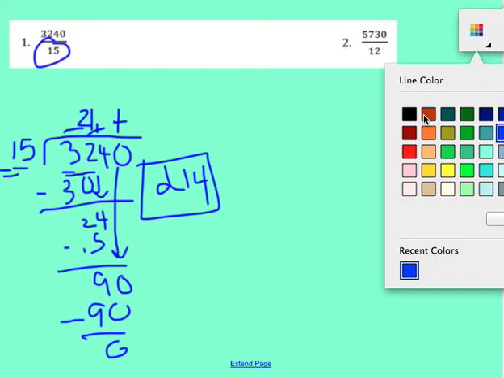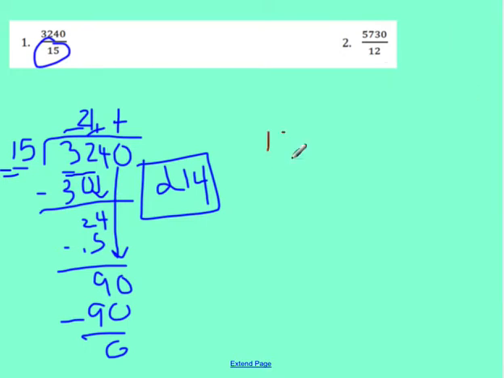Next, let's go ahead and set up number 2. So we're putting 12 on the outside, and then underneath is 5,730. So I want to figure out how many times 12 goes into 5. Well, it's not, so I want to figure out how many times 12 goes into 57. Well, 12 goes into 57 4 times.